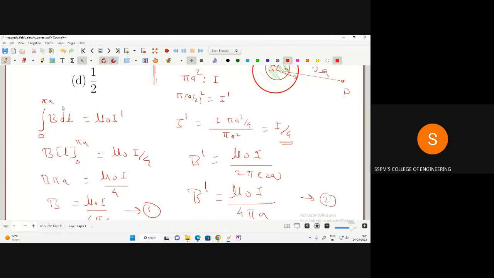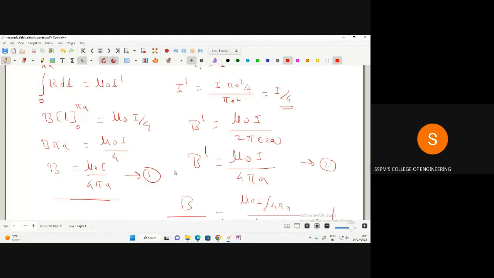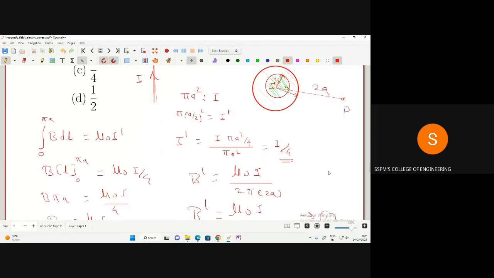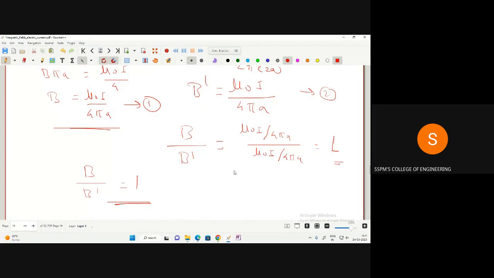L म्हणजे सर्कम्फरन्स ऑफ द सर्कल येणार. रेडियस a/2 असल्यामुळं सर्कम्फरन्स काय येईल? पाय a येईल. नंतर B फाइंड आउट करा. B प्राइम काय इझिली तुम्ही फाइंड आउट करू शकता या इक्वेशन मध्ये. नंतर रेशो काढा.